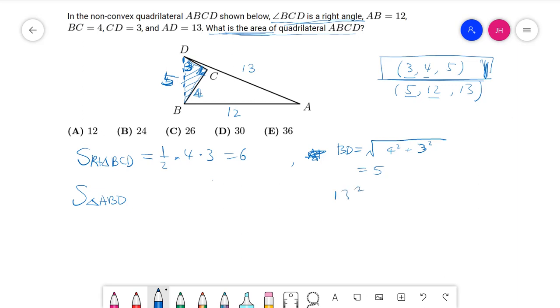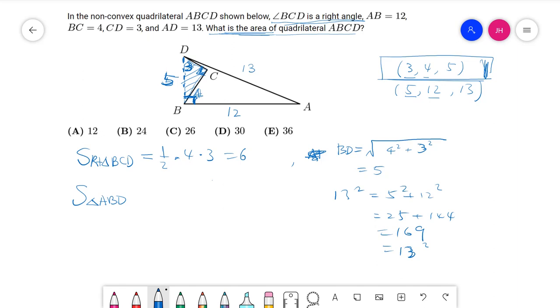So does 13 squared equal 5 squared plus 12 squared? Is it like so? So that's 25 plus 144, right? That's 169. And that's 13 squared. No problem. So this is a right angle. So the triangle ABD is a right triangle.